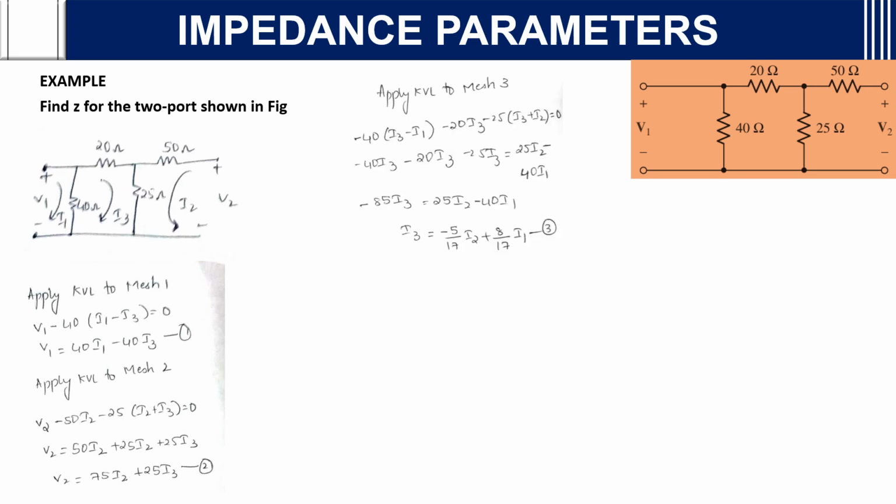Then you can substitute. For getting that: minus 40 into (I3 minus I1) minus 20 I3 minus 25 into (I3 plus I2). Then you will get lastly 85 I3 is equal to 25 I2 minus 40 I1. If you divide by 85, you will get I3 in terms of I1 and I2.